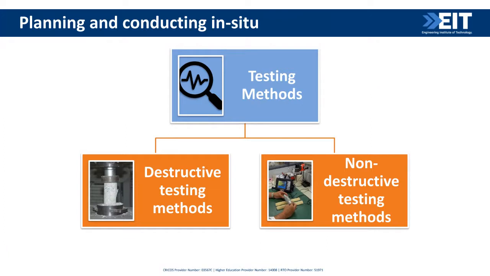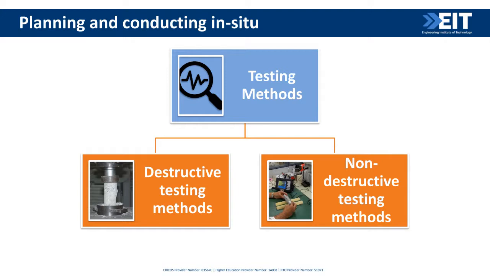And when you work with the destructive tests, we normally can consider the core drilling and also can consider semi-destructive tests, right? Because with core drilling, definitely there will be some damage to the structural element, but we are not destroying the entire slab or the entire beam.